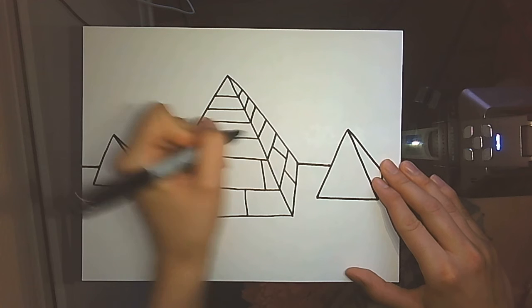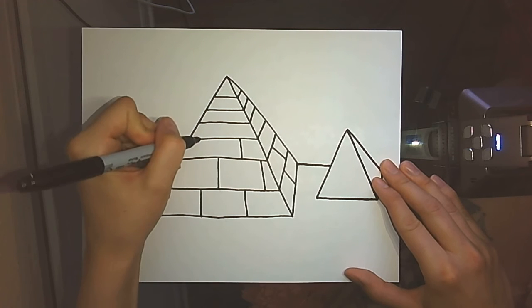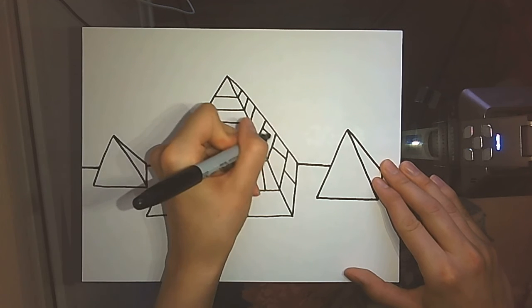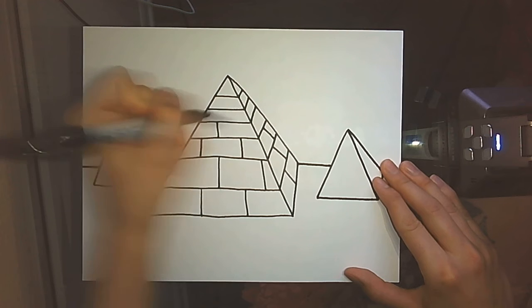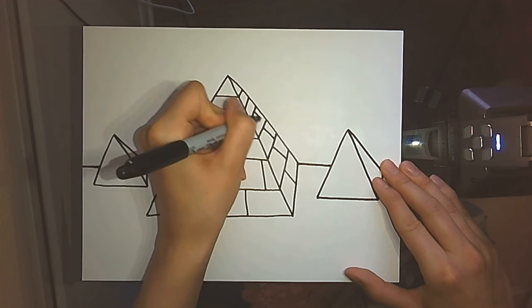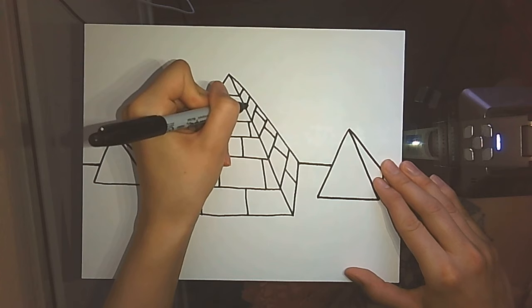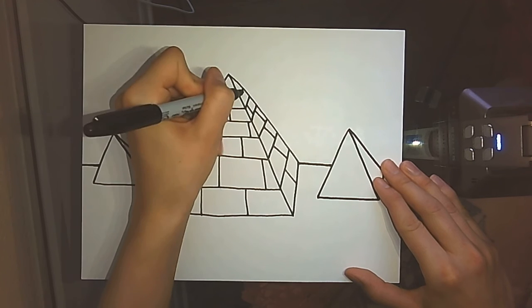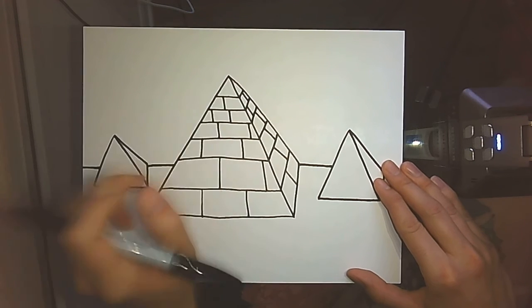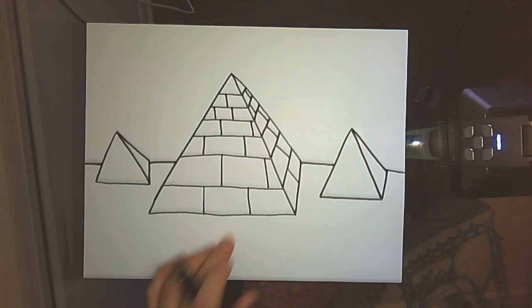Diagonal. Kind of offset the lines a little bit. And then the top one, that was the only piece it was a big triangle.